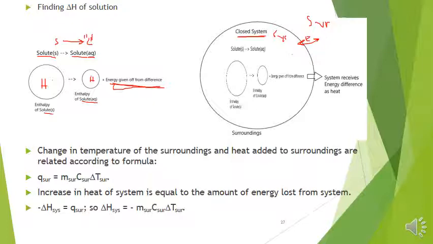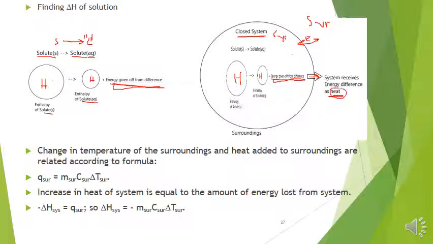So this guy's going to have its initial enthalpy, and this guy's going to have its enthalpy. And then the reaction takes place, and it gives off energy. That energy is in the system, and when it goes to the surroundings, it's turned into heat.